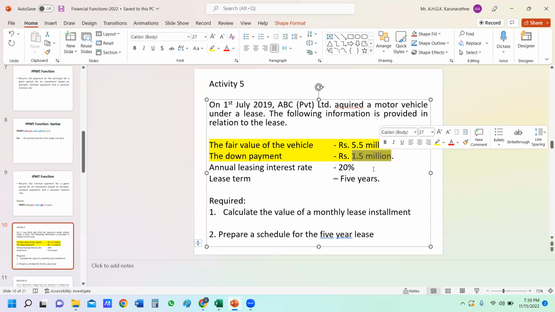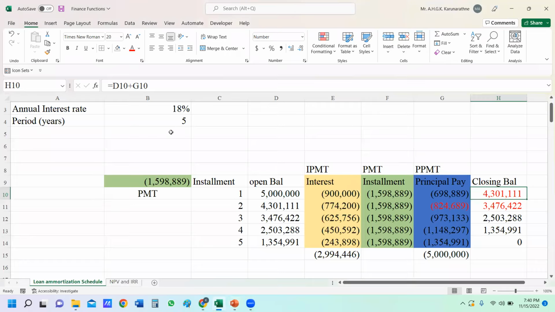So we'll take this information to our schedule: annual leasing interest rate and lease term 5 years. What is required? Calculate the value of the monthly lease installment. Right. For this case, it is a monthly lease installment. So we'll take this information, fair value, down payment, interest rate, and 5 years. Okay. We'll take this information here.